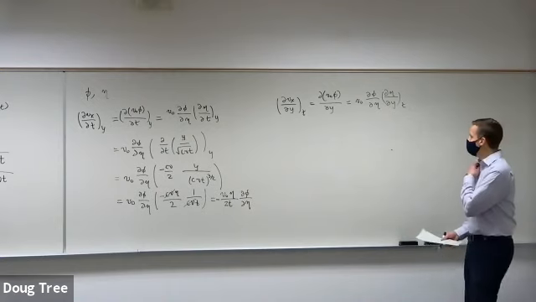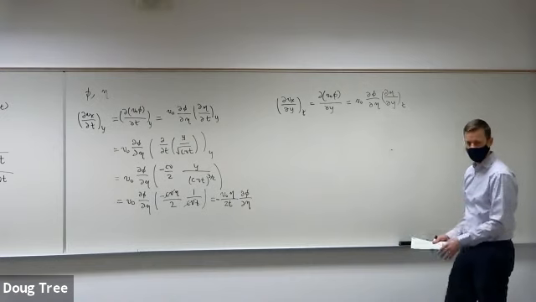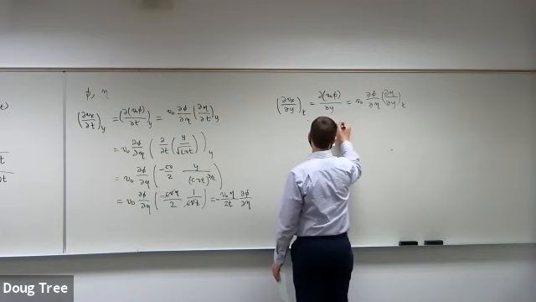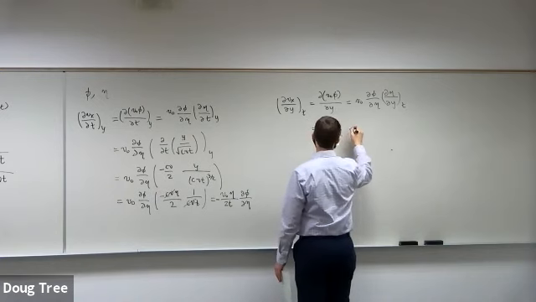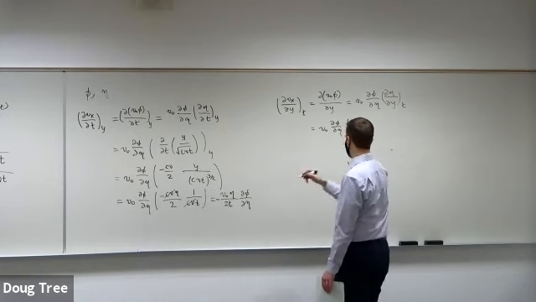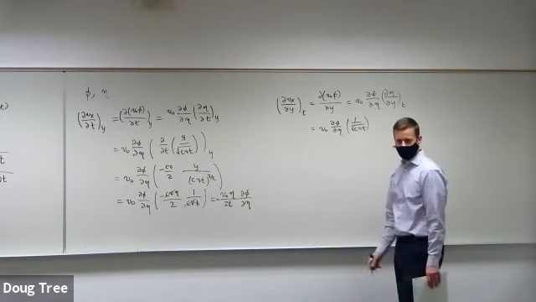So now I need to take d eta/dy. Phew, that derivative is easier. So that's going to give me v naught d phi/d eta, and then d eta/dy is just going to be 1 over the square root of c nu t.